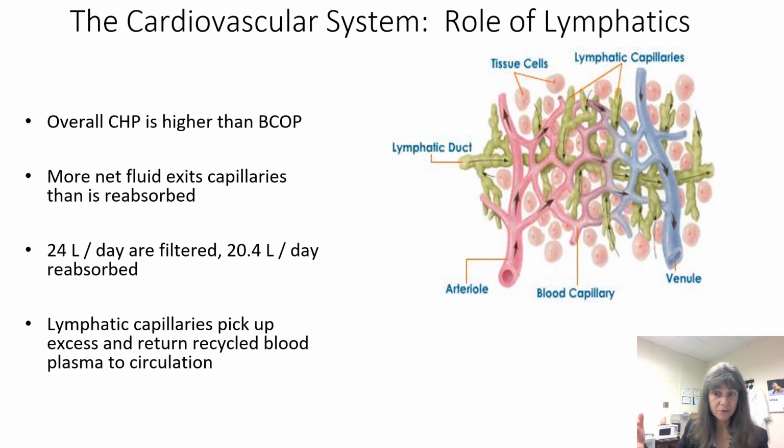It will travel through lymphatic nodes and lymphatic vessels, and it will go back into the bloodstream. It will actually dump back into our veins, and I'll show you where that occurs in a later video.